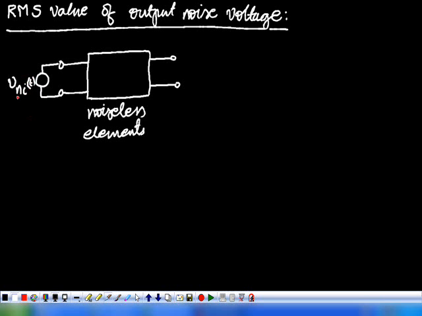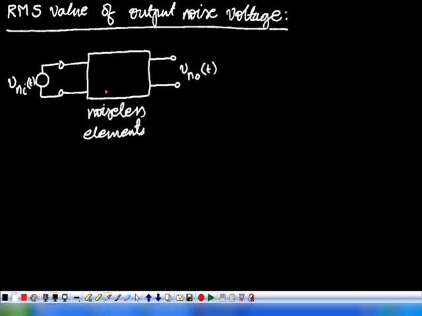So this subscript n indicates the noise voltage, and i is the input voltage. So we are exciting this particular network by an input noise voltage Vni of t. And definitely the output across the output terminals can be considered as Vn0 of t.